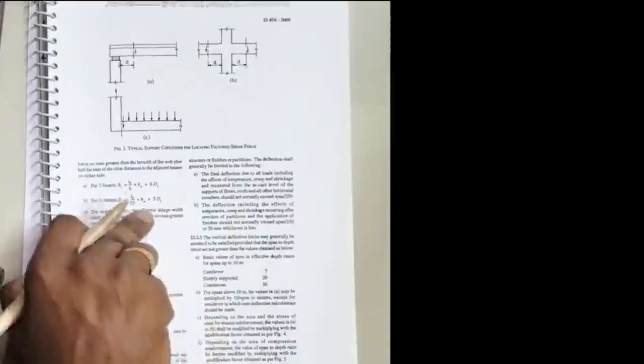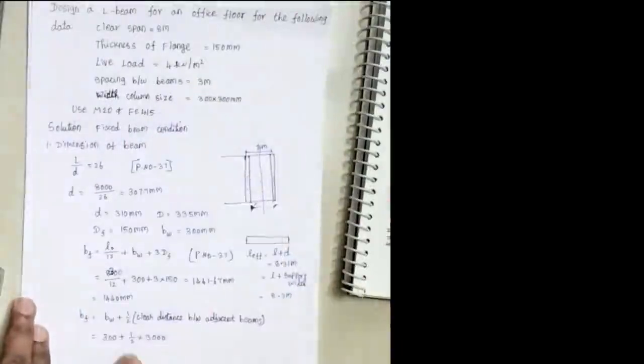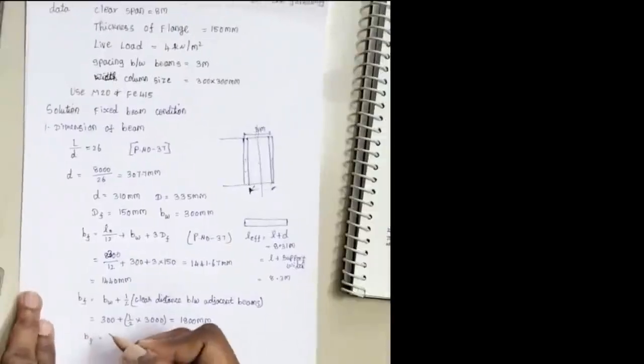So we are using this formula, BW plus half the distance between the adjacent beams. Here BW is 300 mm plus half into 3000, because the spacing between the beams they have given is 3 meters. So the value will be 1800 mm. Always we need to take the least of the values. So BF, that is the width of the flange, is 1440 mm.